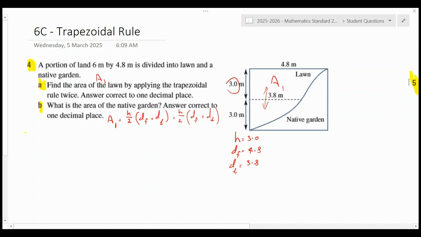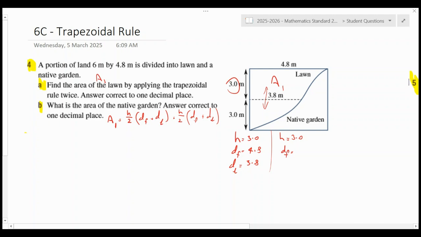Now my next one is the bottom one, and there my h is still 3. I could use different subscripts, like df1, dl1, df2, dl2, but I don't want to make it confusing. It gets cumbersome. If you keep them separate the way I'm doing it, you should be fine.